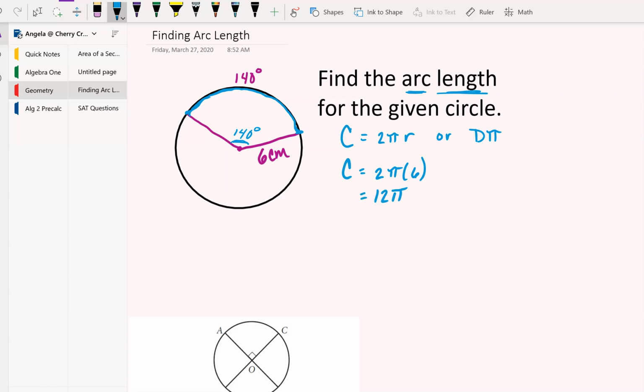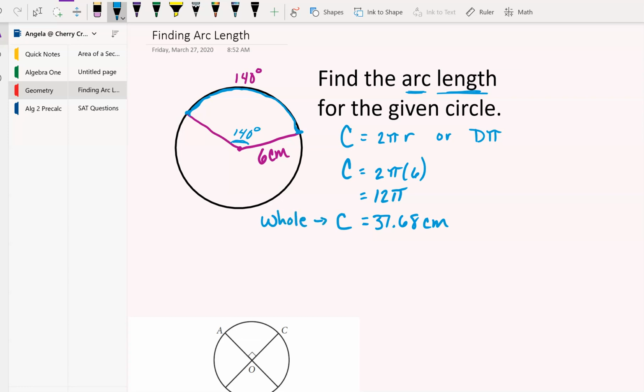And if we leave it in terms of pi, that's fine. Or we can go ahead and multiply it times pi, and we get an approximation of 37.68 centimeters. Now remember, that is the entire circumference. So that is the whole circle that you have found right there.